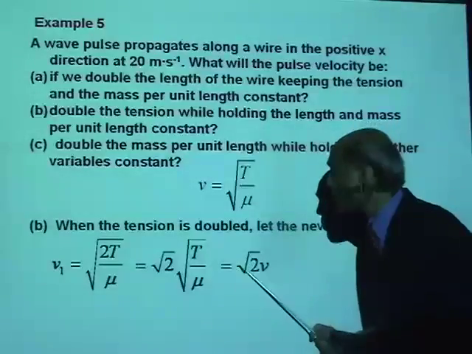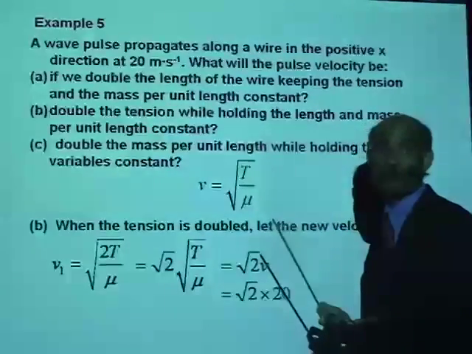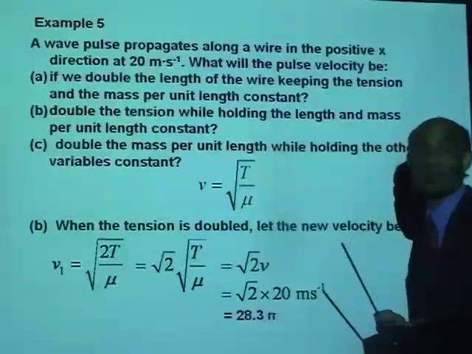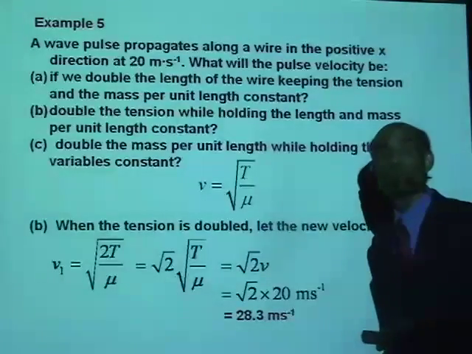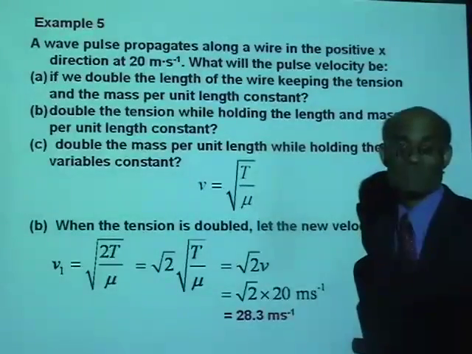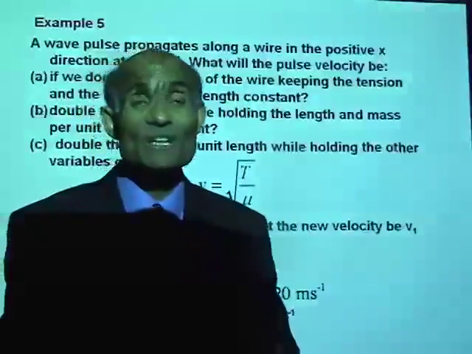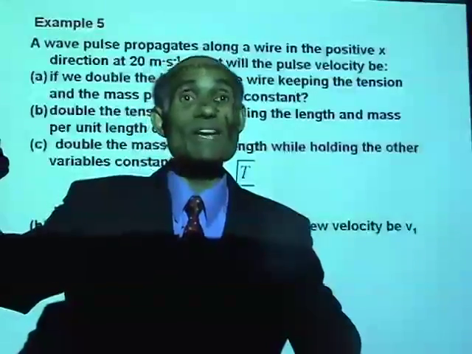So that will be square root 2 times the original speed, square root 2 times 20, and that will be 28.3 meters per second. That means if you increase the tension, the speed of propagation on that wire will increase.